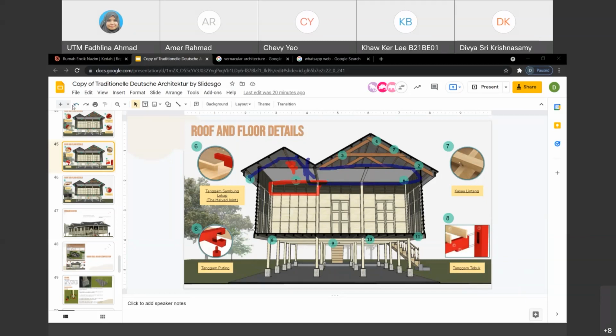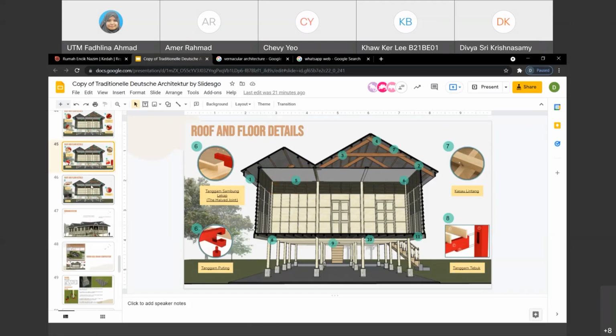So the next one, number 7, kasar lintang, to put on the purlin or batten. To put the purlin or batten. So number 8, tanggam tebuk. The number 1 here, with a slot, is the column.